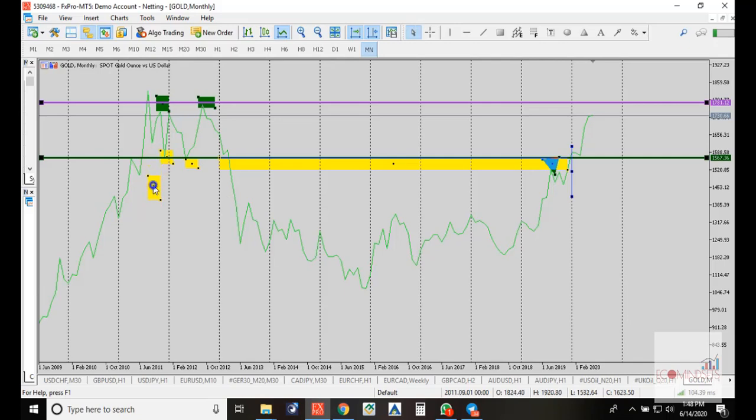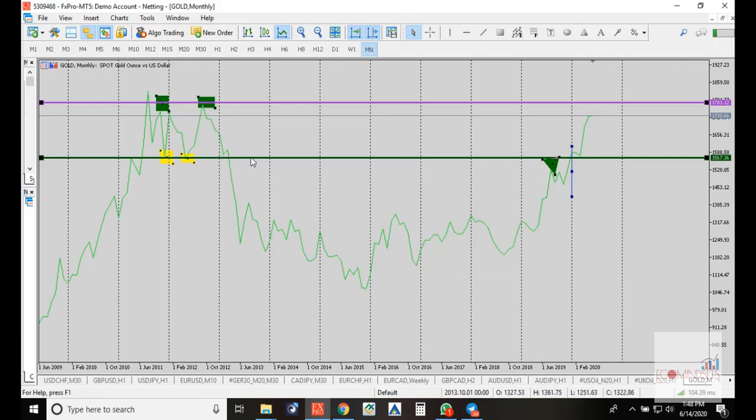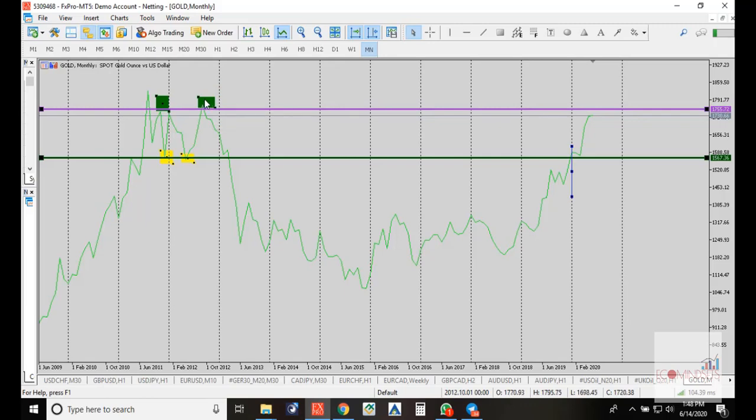Over here, these are the key areas. And then price finally breached this over here. Then when we come here also, these are the key areas.